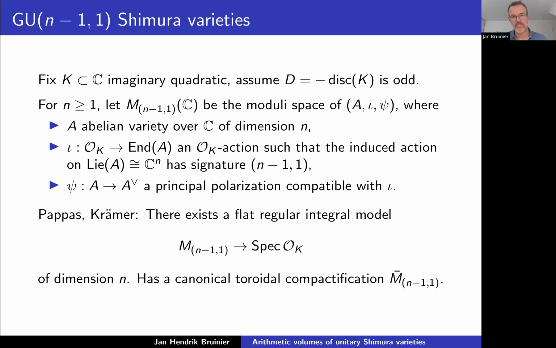And here, this similarity is a technical notion. It means isometric after possibly rescaling the Hermitian form by a positive rational factor.